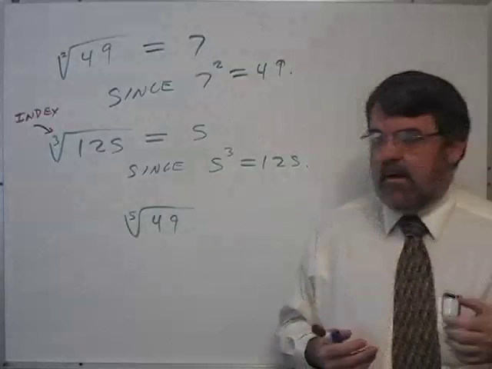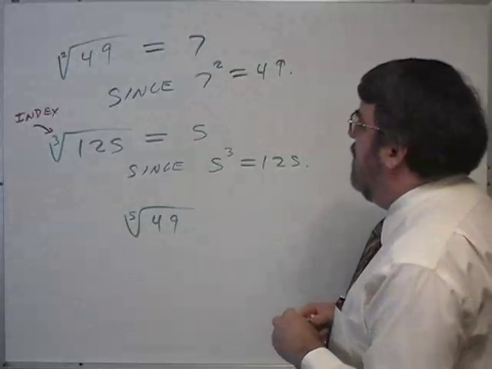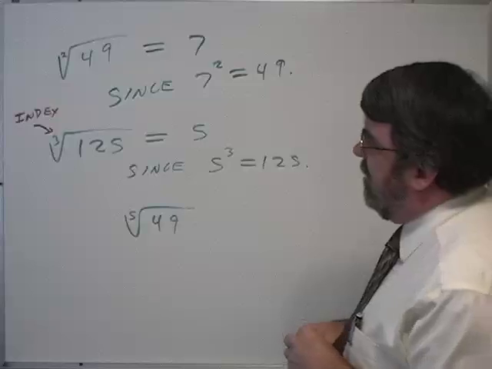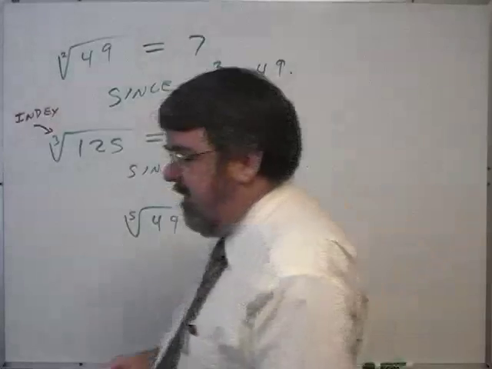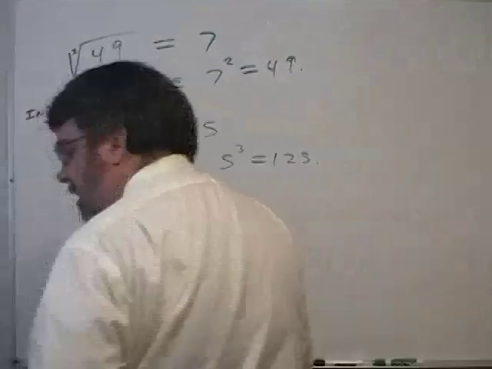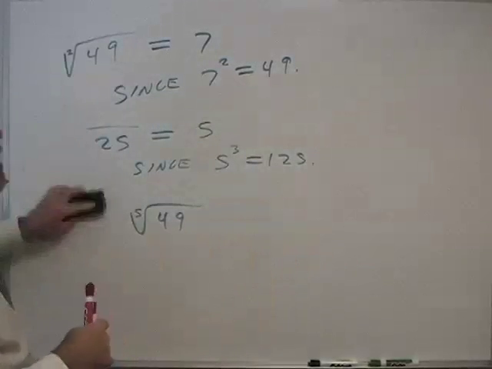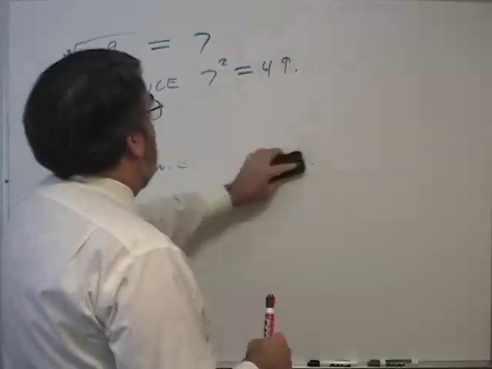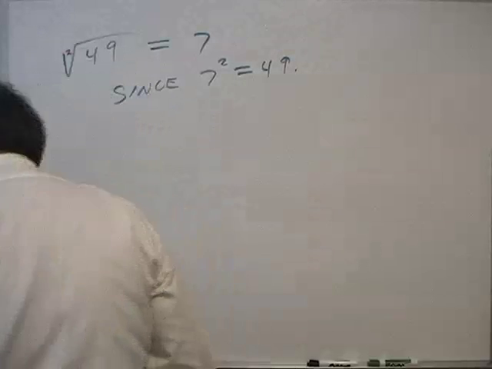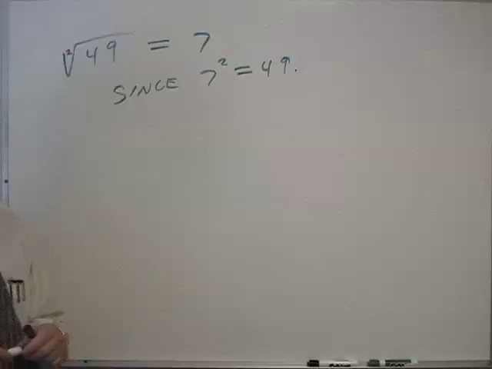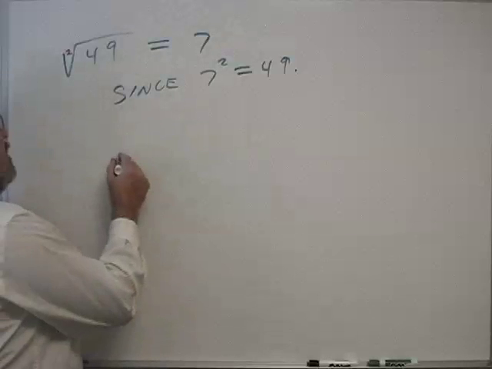All right, well, another thing I'd like to talk about here, and let me erase this and go back to this assertion, since 7 squared is equal to positive 49. Well, why wouldn't negative 7 be a square root of 49?